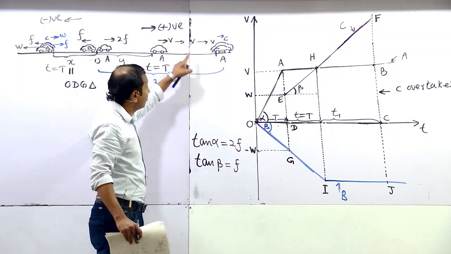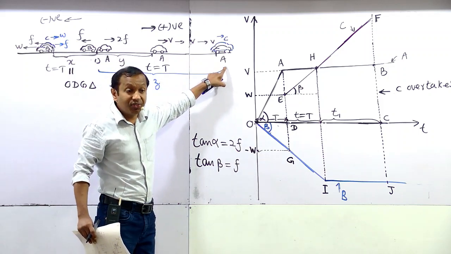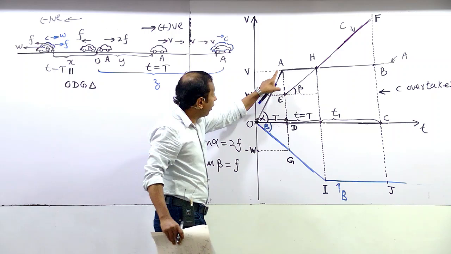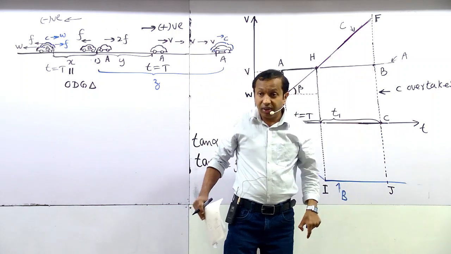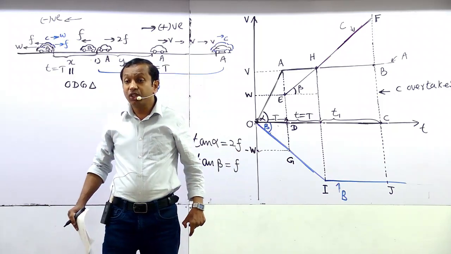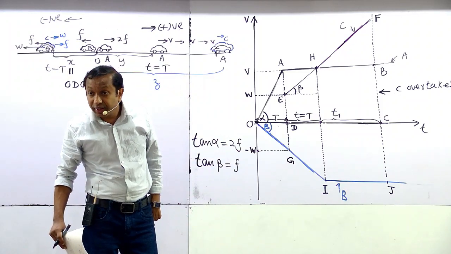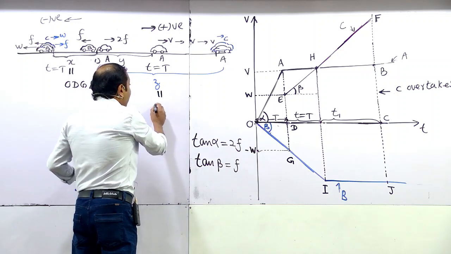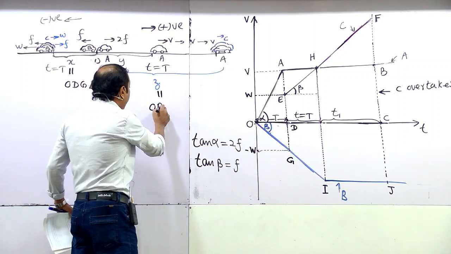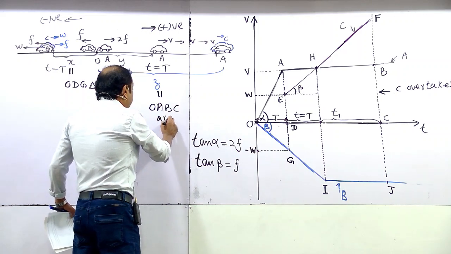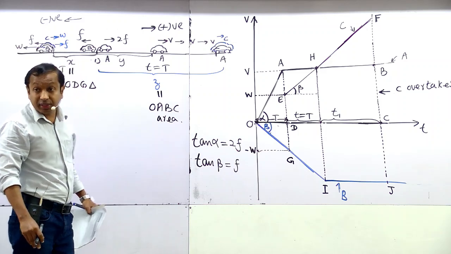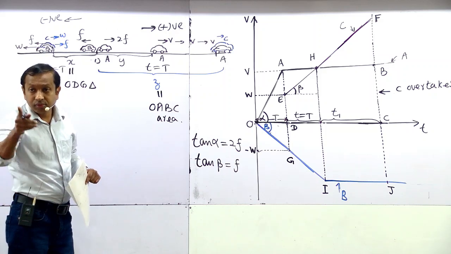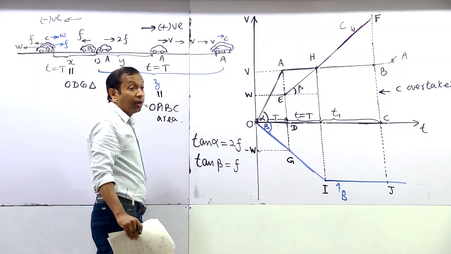The distance moved by A just before it is overtaken by C. Understand? Am I correct? OABC area. OABC area is the displacement traveled by A just before it is overtaken by C. Then what is this Z? Z is given by what? OABC area. Am I correct? Yes or no? Yes. Right.